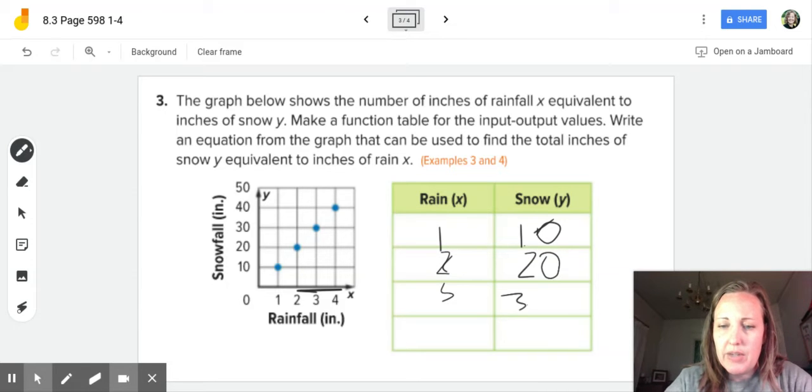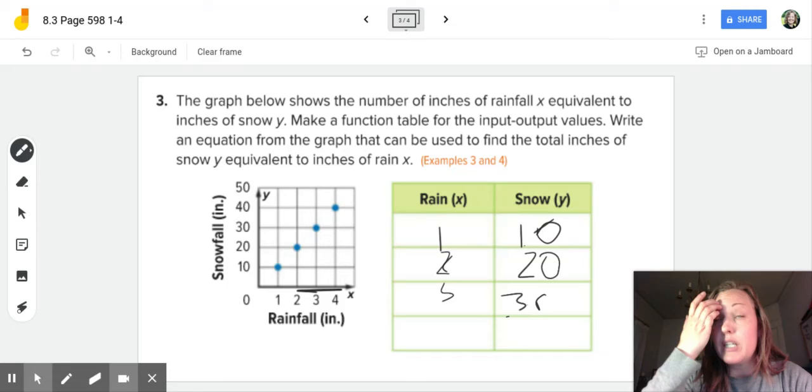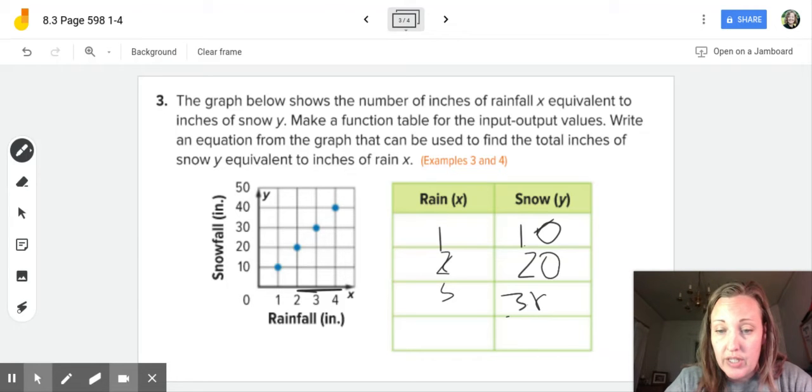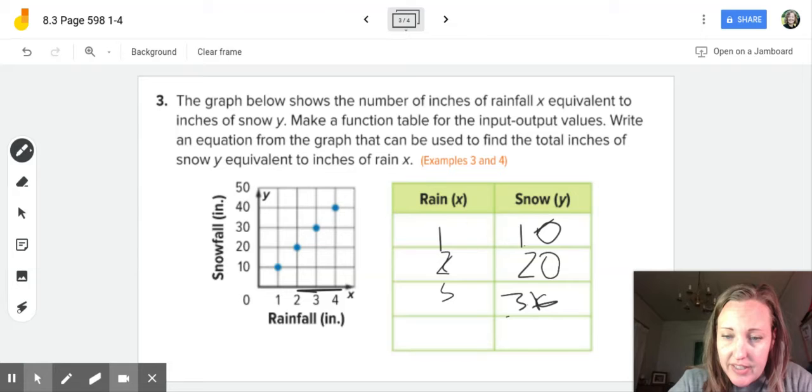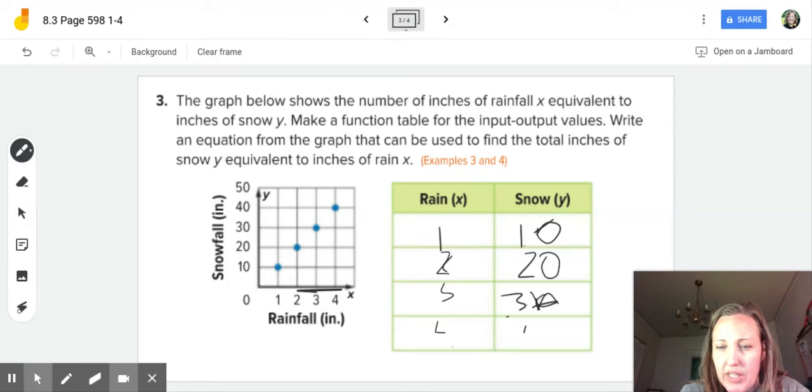Can you imagine 30 inches of snow? That'd be a lot, like 3 feet of snow. And then 4 inches of rain is 40 inches of snow.